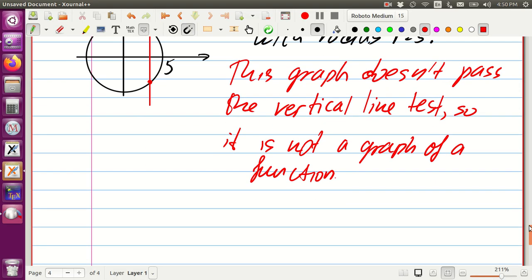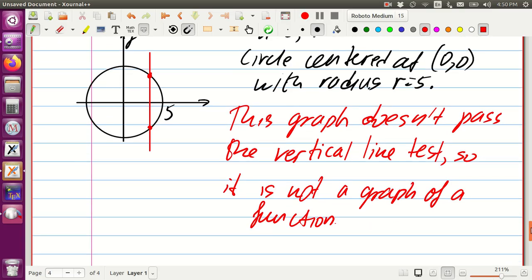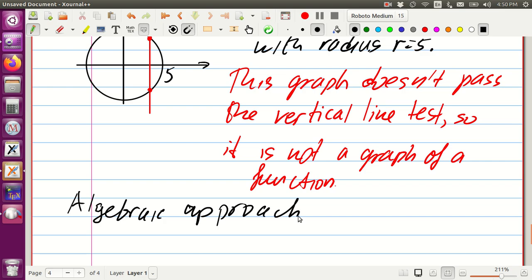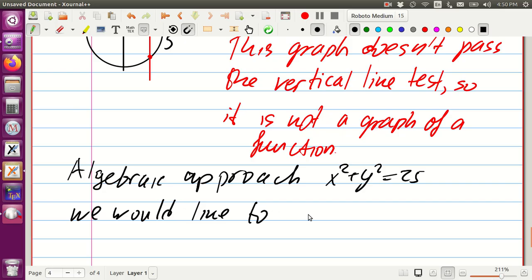All right, so we did it graphically. We looked at the picture. We saw that if we draw a red line through this particular place, we'll have two different values. But also we can do it without the graph. So we can use just algebra. So the algebraic approach would be: if we take x squared plus y squared equals 25, we would like to figure out how many different values of y we can have for one particular x.